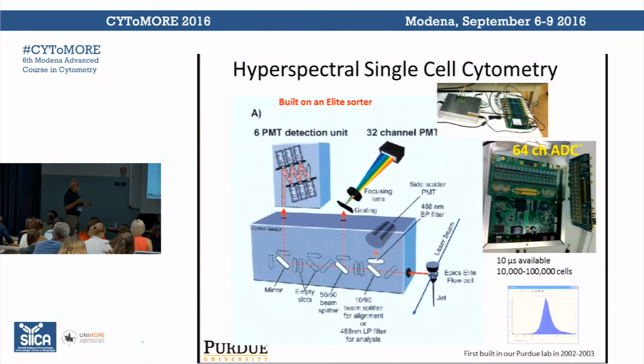So this is the system we built originally. What we did was we put a 6 PMT unit here, just so that we had a clue what the signals actually meant, because if you're doing spectral analysis blind without some background knowledge, you can't do anything. So you have to train the system. In order to train the system, we put in a regular 6 PMT system, and then we put the spectral system here, and we divided the signal into two.